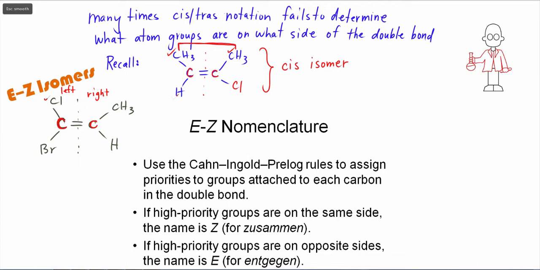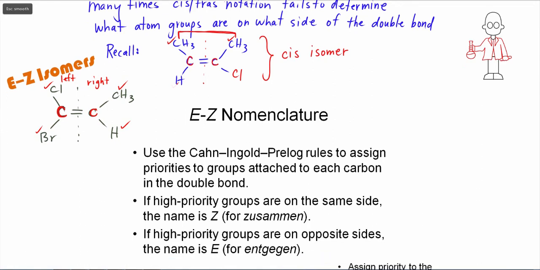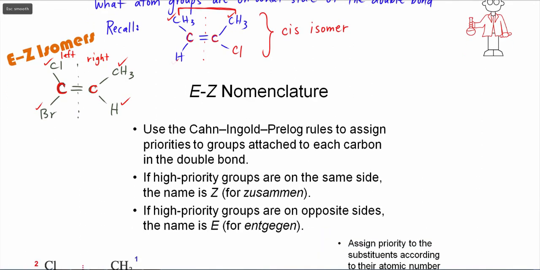I have a Cl here, a Br here, a CH3 here, and an H here. So I can't determine what's cis and trans from that. But there is a different notation that will allow me to prioritize according to atomic number and determine what has priority.